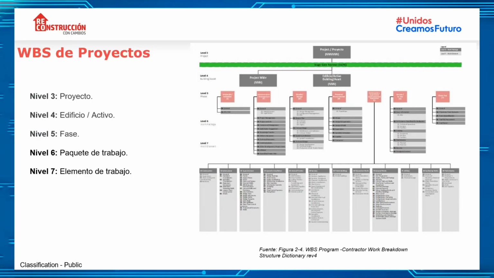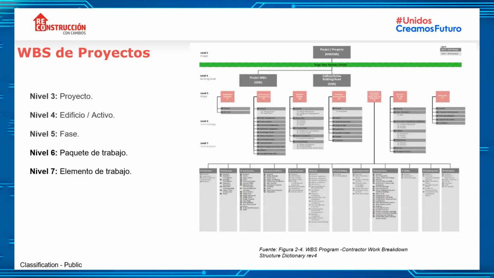Level 4 defines the buildings or individual assets, for instance, a highway or an open area of infrastructure space. Level 5 defines the stages of the life cycle of projects, aligned with the project structures. Here we have construction, design, and different stages that in the next slide we are going to see in further detail with some examples.